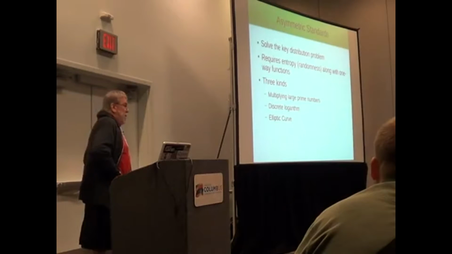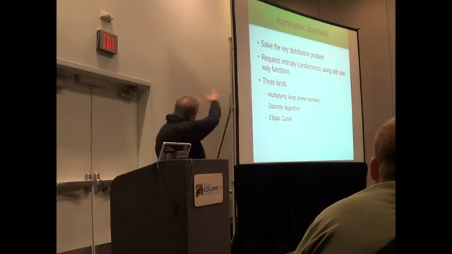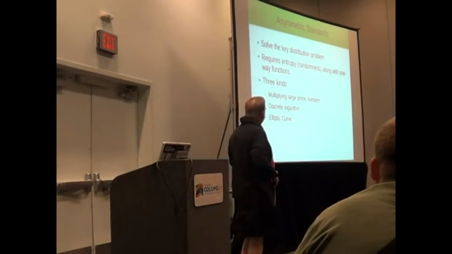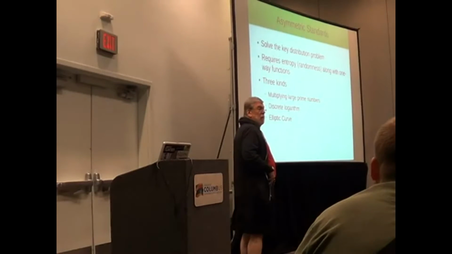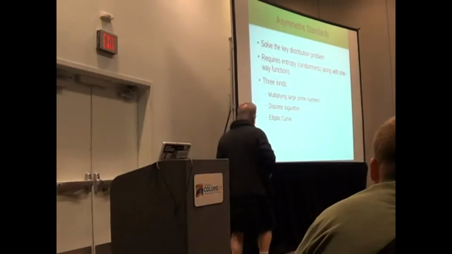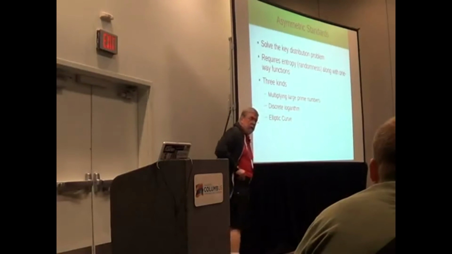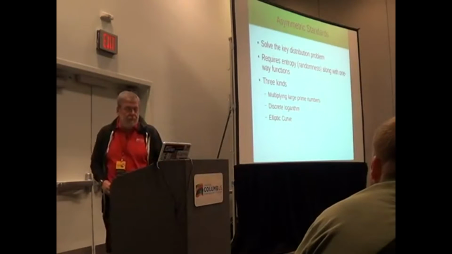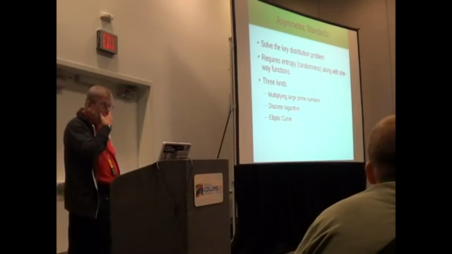Now, asymmetric gets around the key distribution problem. But to do that, you've got to have not just the one-way functions, you've got to have a pretty good amount of entropy or randomness. And I say these are the three approaches that have been used, RSA being the large prime number multiplication approach.